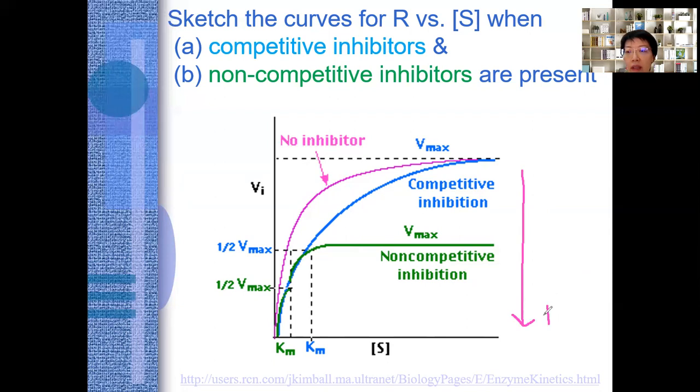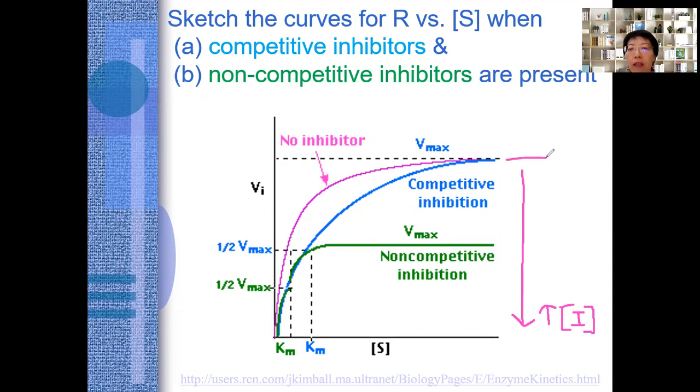When I increase my inhibitor concentration, I expect the curve when the inhibitor is present to decrease. So please add this into your notes when you draw this graph. As the inhibitor concentration I use increases, I expect the rate to drop. So the curve will go lower and lower.